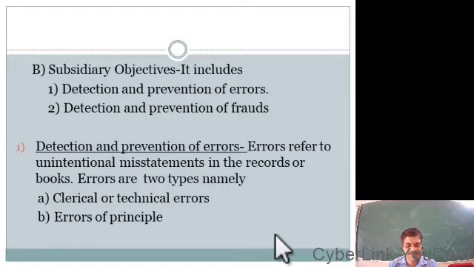Errors arise in accounts due to the negligence or carelessness of the bookkeepers in recording the transactions in the books of account, or due to their negligence of the principles of accountancy. Now we'll study the different types of errors.